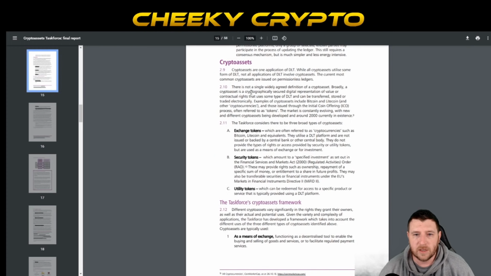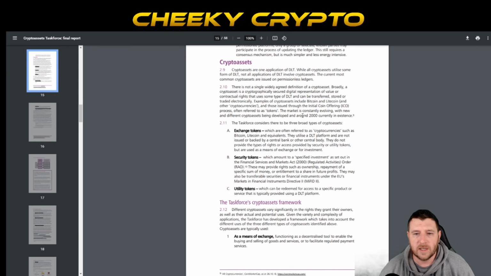2.10, there is not a single widely agreed definition of a crypto asset. Broadly, a crypto asset is a cryptography secured digital representation of value or contractual rights that use some type of DLT and can be transferred, stored, or traded electronically. Examples of crypto assets include Bitcoin and Litecoin and other cryptocurrencies, and those issued through the initial coin offering, an ICO process, often referred to as a token.